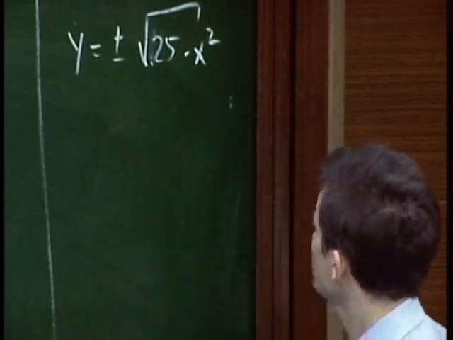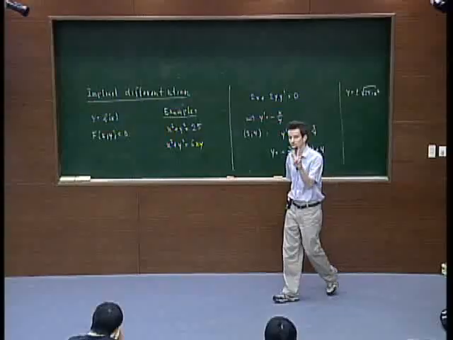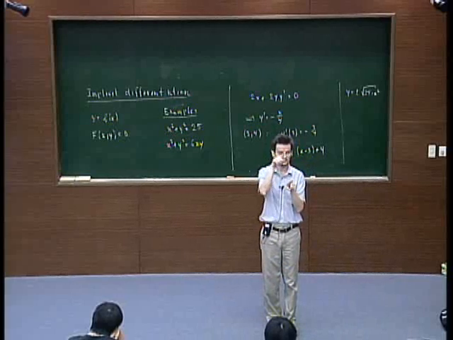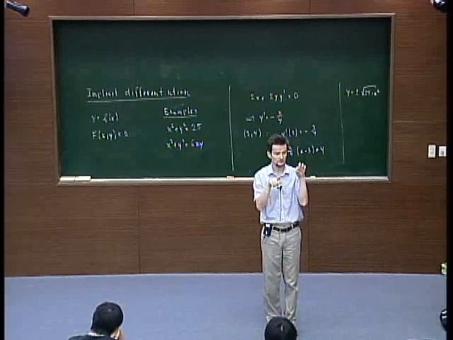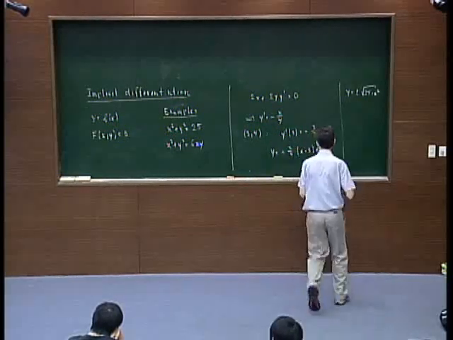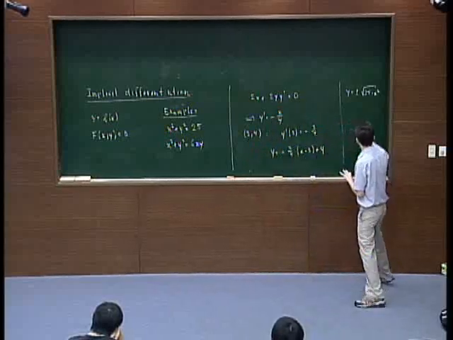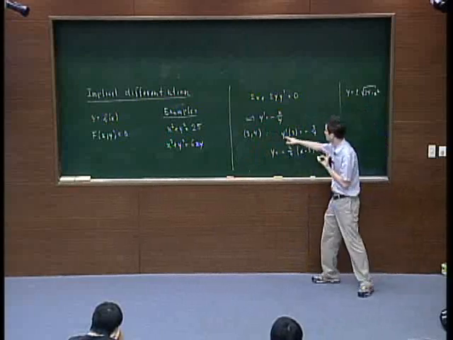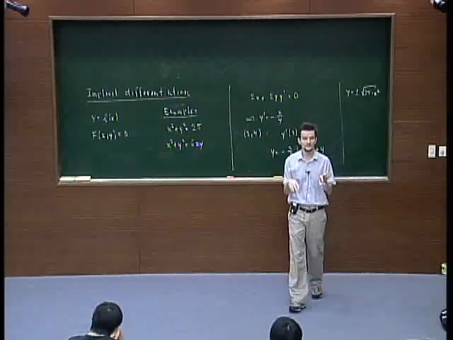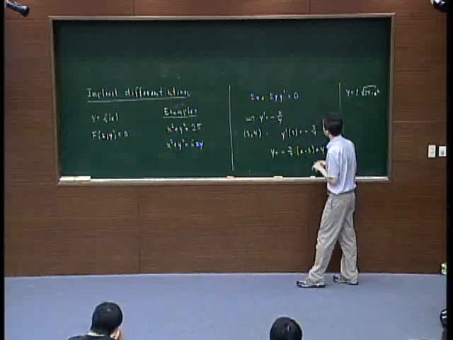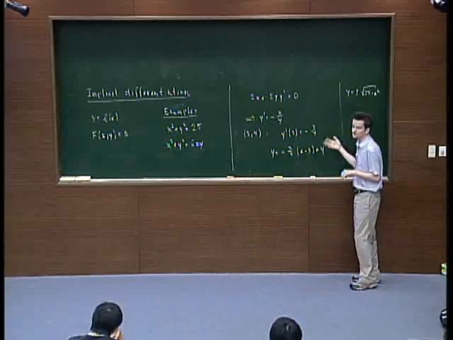Okay, and also from here we could compute the derivative, but we would get two derivatives, one for the function describing the upper semicircle, one for the lower semicircle. And if you are again interested in the tangent at this point here, you choose the one which describes the upper semicircle, because this point lies on the upper semicircle, and compute the tangent. So you see, for this example, it's not a big difference.